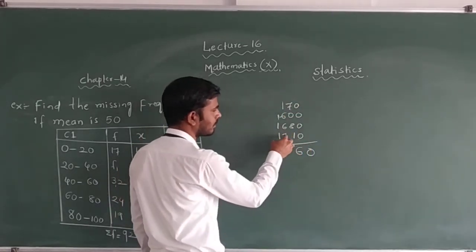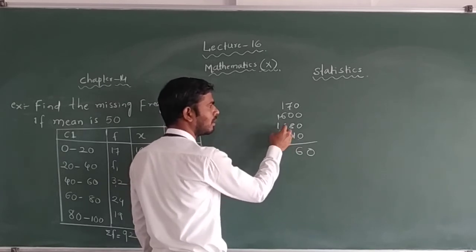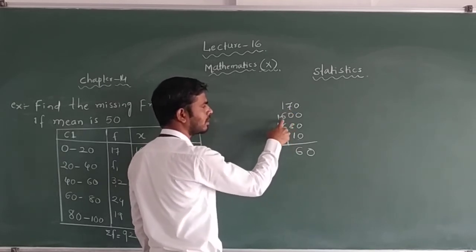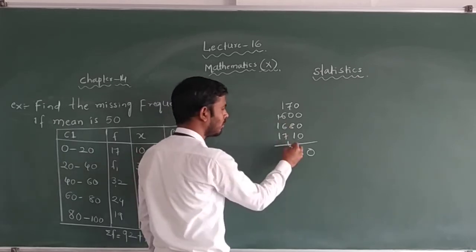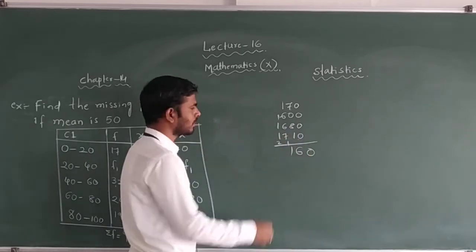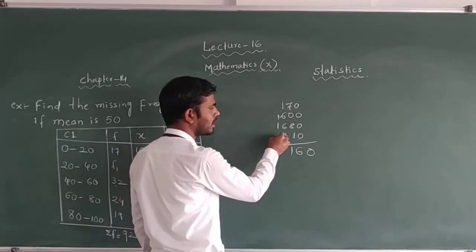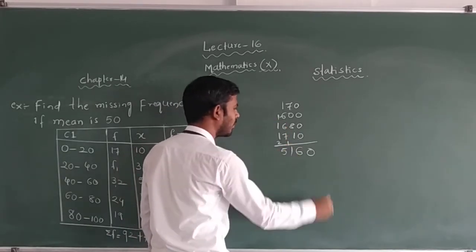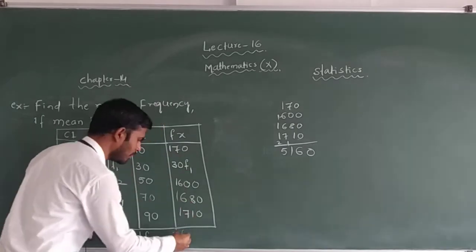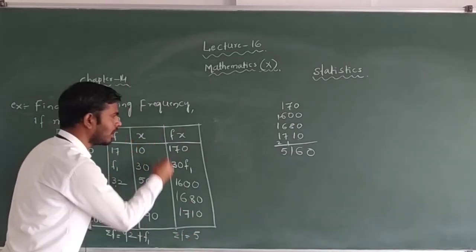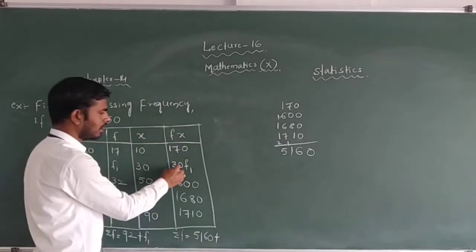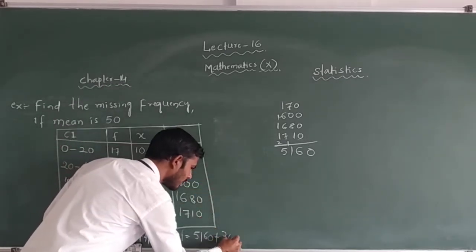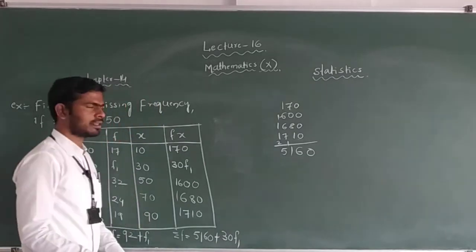Next one is 7, or you can add like this, 6 plus 6, 12, 19, 20, 21, carry 2. So addition is 2 plus 3, 4, 5. Sum of sigma fx is 5160 plus this 30 F1, keep as it is.